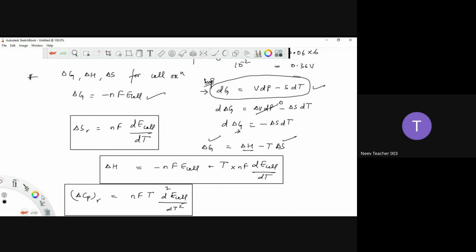This is what I needed to tell you about. That's it in this part. So we have done the galvanic part of it, right? Now moving on to the next part of this chapter, which is the electrolytic cell.